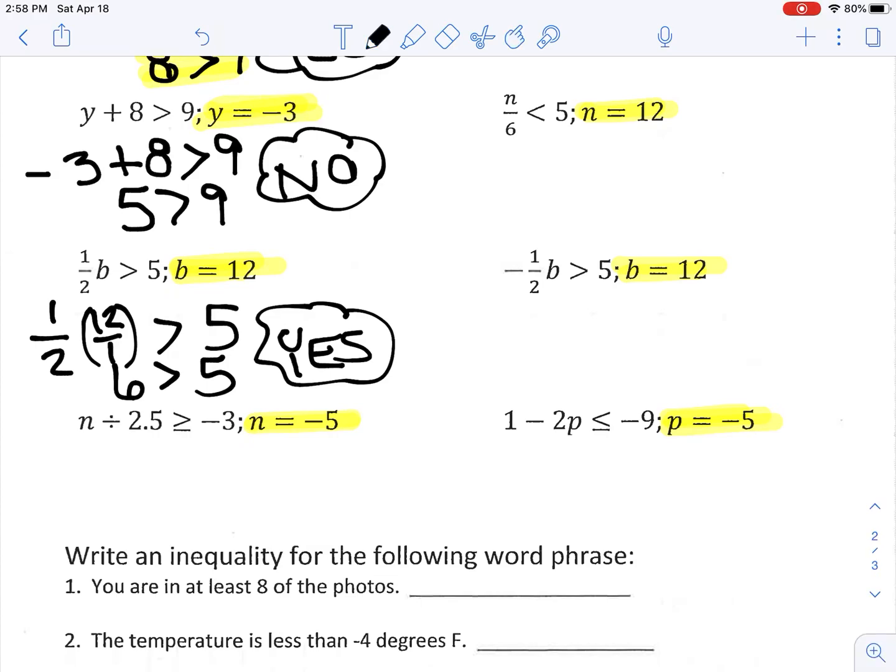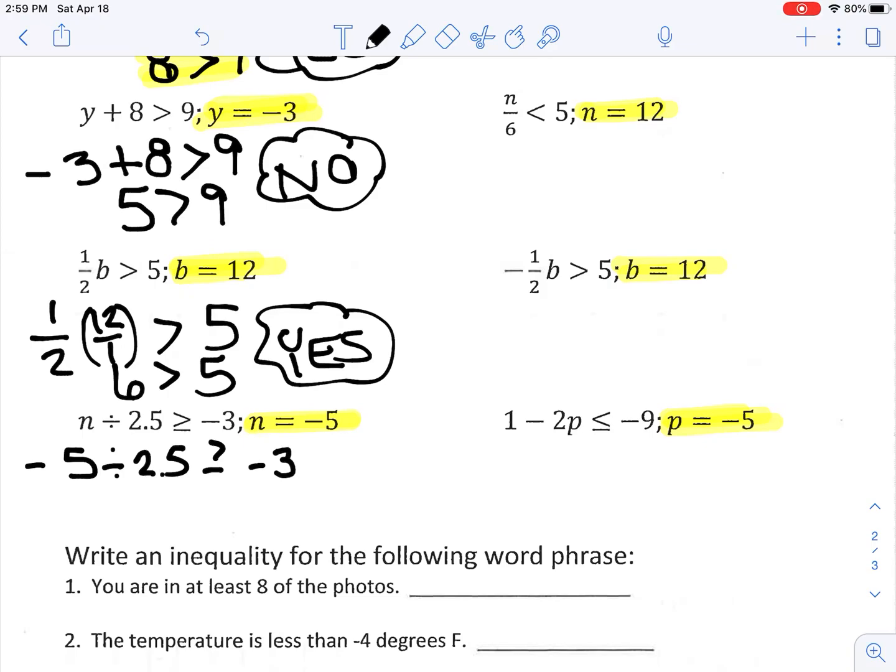n divided by 2.5 is greater than or equal to -3. So -5 divided by 2.5 is greater than or equal to -3.